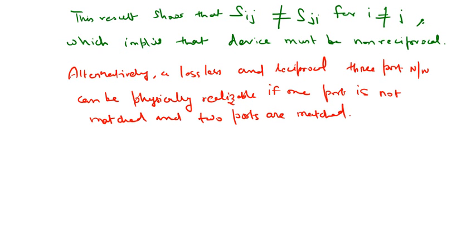If two ports are matched, there is no reflection from these two ports, and the one port that is not matched gives some reflection.